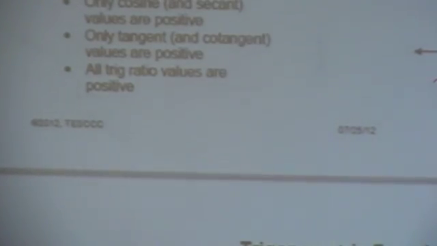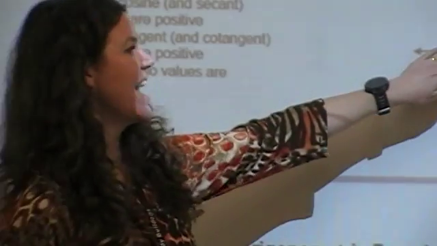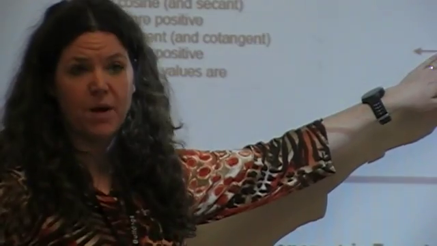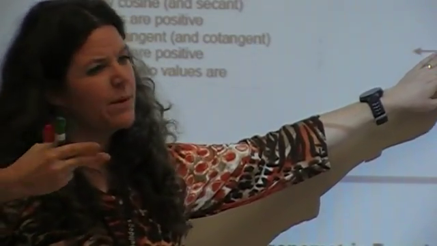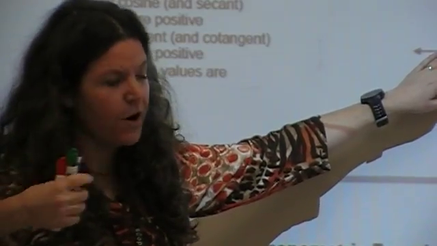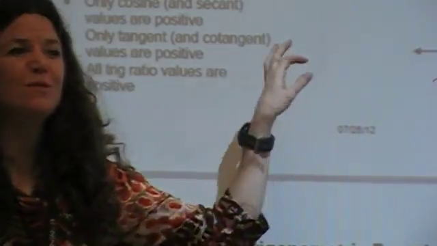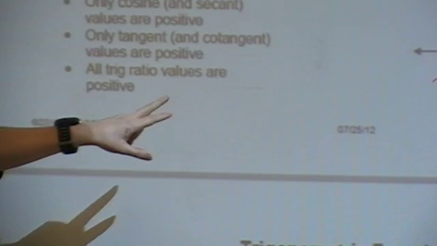In quadrant 1, all 6 trig ratios are positive. In quadrant 2, it starts with an S, so sine is positive. And if sine is positive, so is its reciprocal, because all you do with the reciprocal is flip it over. So both sine and cosecant are positive in quadrant 2.